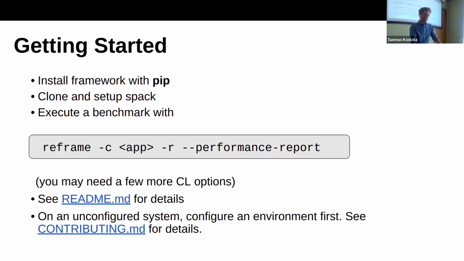So, very quickly, getting started. I'll demo this after I'm done with the slides, but everything except Spack installs with pip, which is quite nice. You just create a Python environment, you pip install, and all the dependencies of the framework come down. You need to provide your own Spack installation because Spack doesn't install from PyPI at the moment.